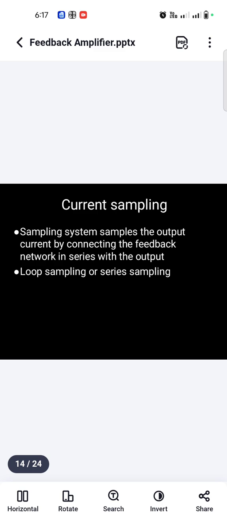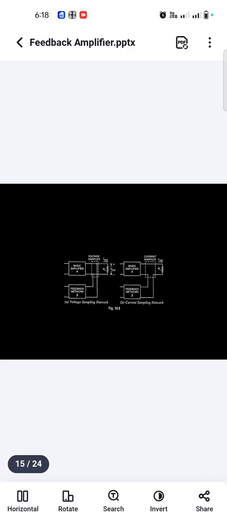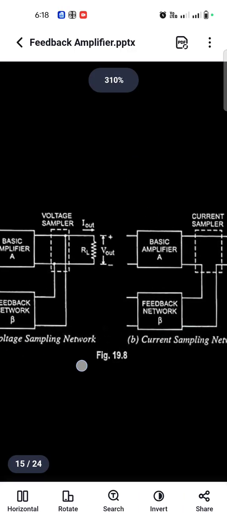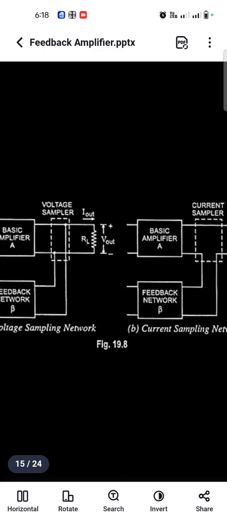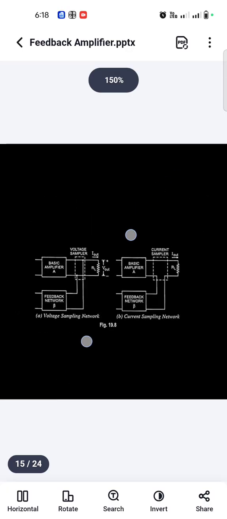For desirable operation, the input impedance of the feedback network should be much greater than the load impedance, in order to avoid reduction in the current gain of the basic amplifier. See the diagram, I already showed this. This is the current sampler. So both the voltage sampler and current sampler are present in the sampling network in the output section only.